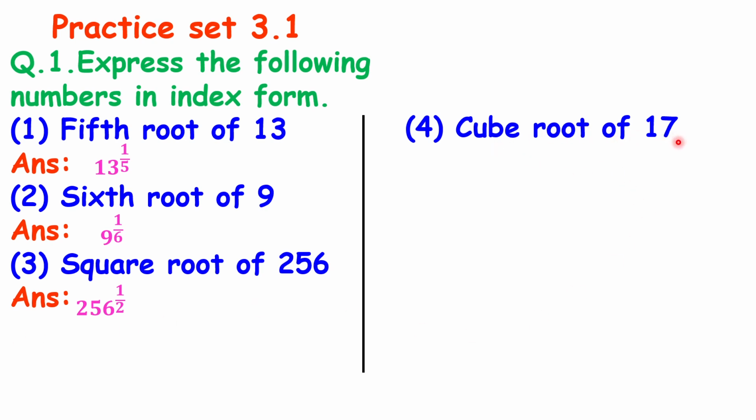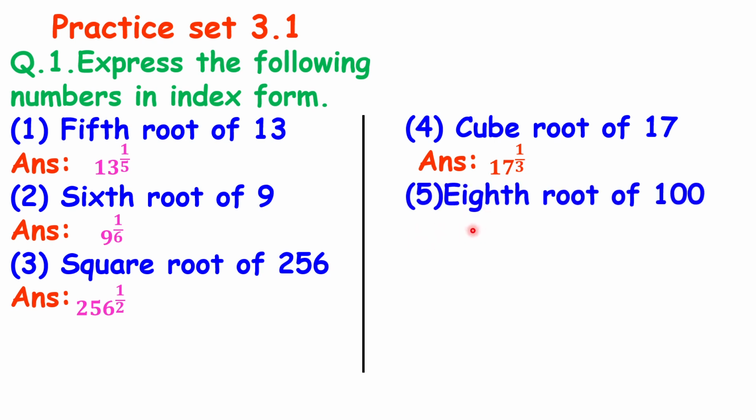Which is the base here? 17 is the base. And which is the denominator of the index? Cube. Cube means 3. 3 is the denominator of index. So answer is, first we have to write 17 as a base and raised to 1 upon 3. So answer is 17 raised to 1 upon 3.